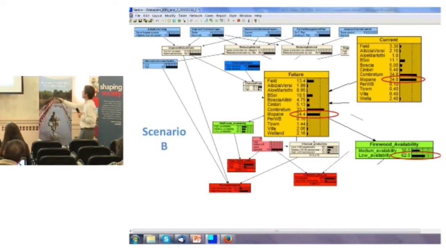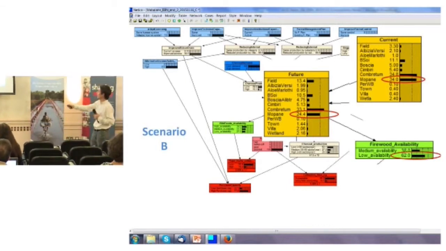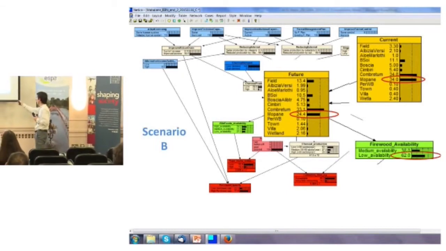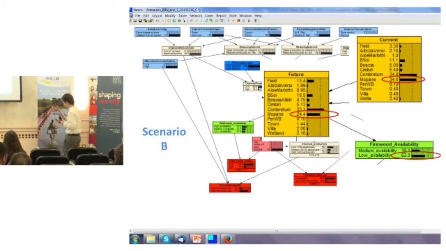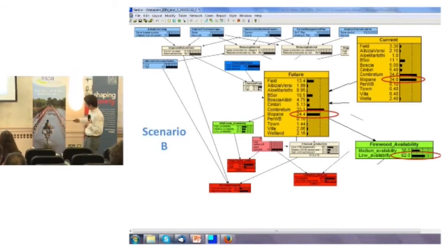All the proposed interventions are done, and also there is a lower urban demand of charcoal, but still some production is done. So the Mopane woodlands would diminish from 34 to 24% of the area, and the firewood availability would be low in 62% of the area.